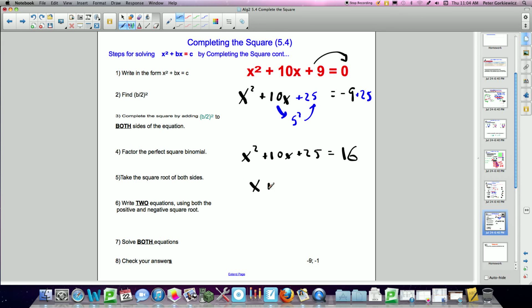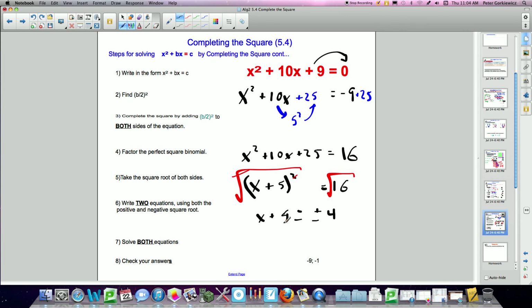It'll factor into x plus 5, all squared, equals 16. And we like that format because then we can just take the square root of this, the square root of that, the square root and the square cancel. You're just left with the radicand, x plus 5. And then on this side, you end up with plus or minus 4.